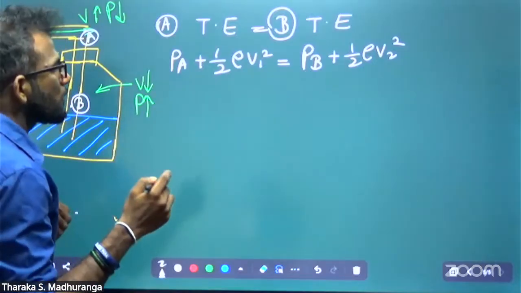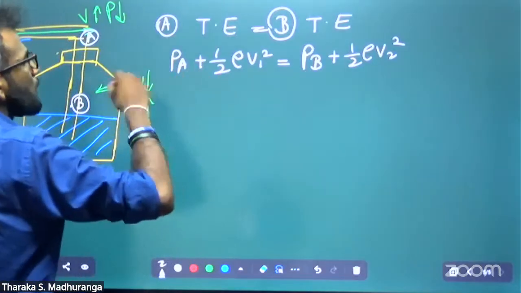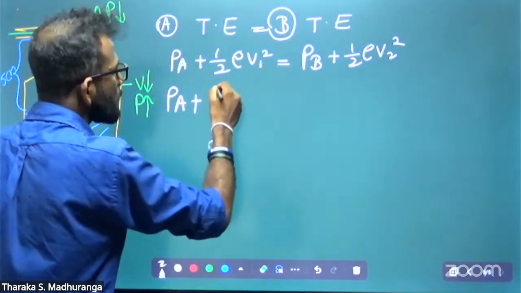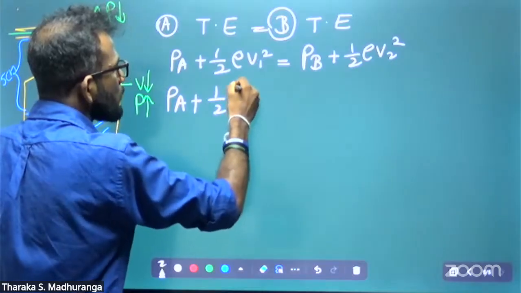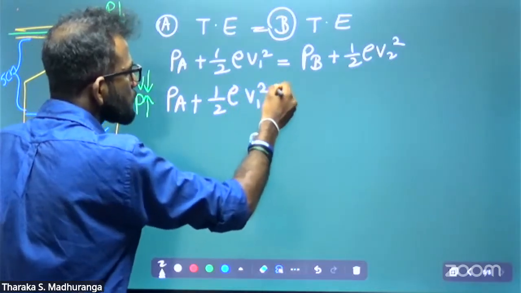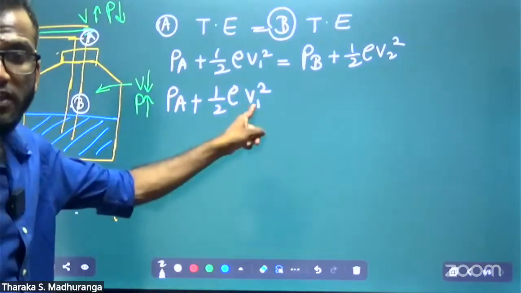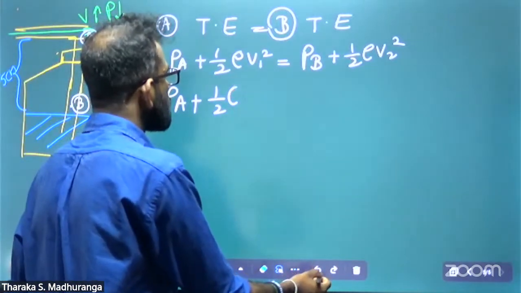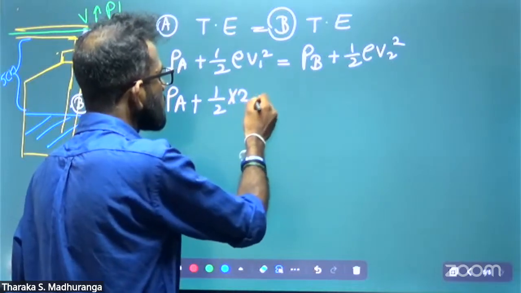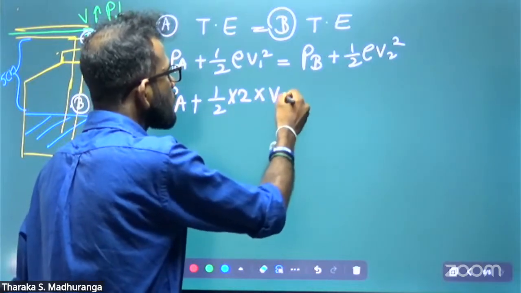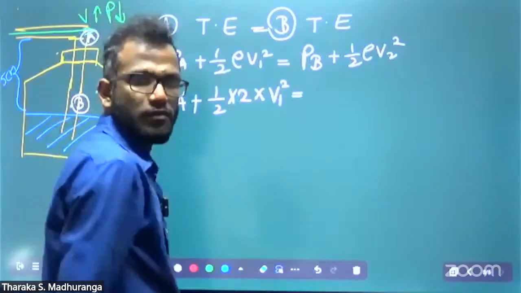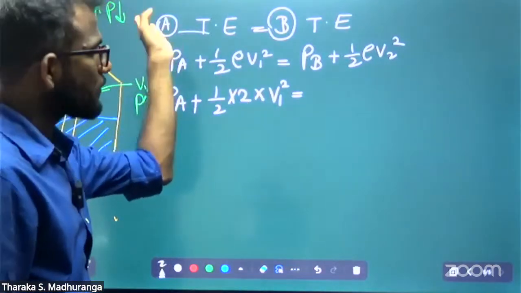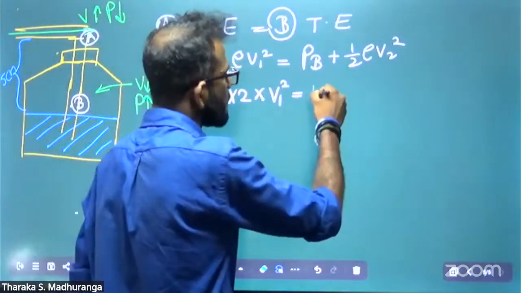PA we don't know. Then half rho V1 squared, that is what is asked, and rho is given, it is 2, and V1 squared is what the question asks: the air blowing speed.